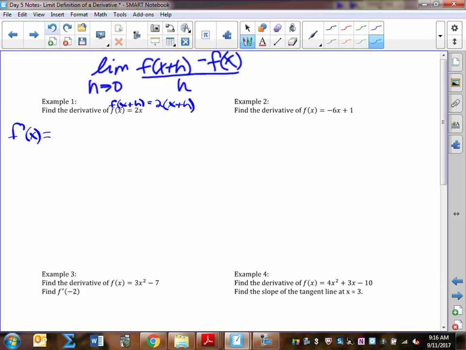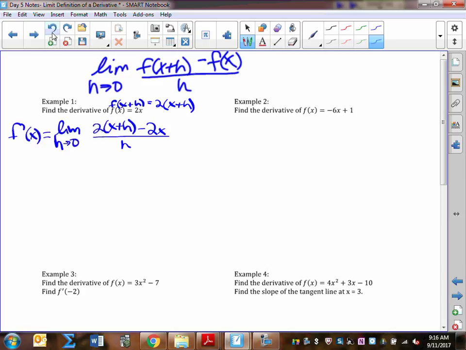So my derivative is equal to the limit as h approaches 0 of f of x plus h, so we have 2 times x plus h, minus f of x, which is 2x, over h. So 2 times x plus h, minus 2x, over h.